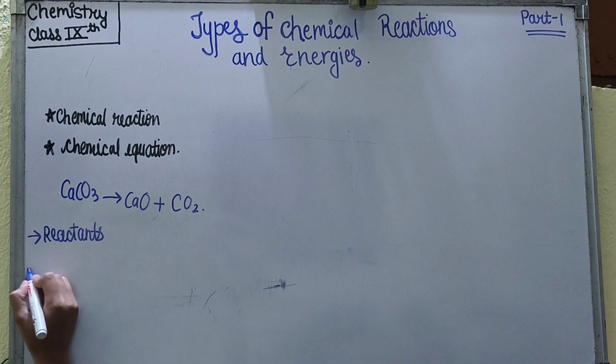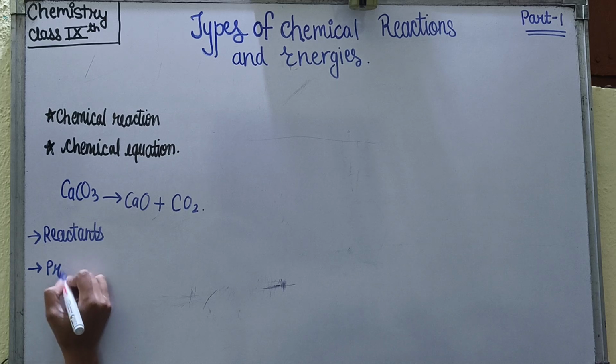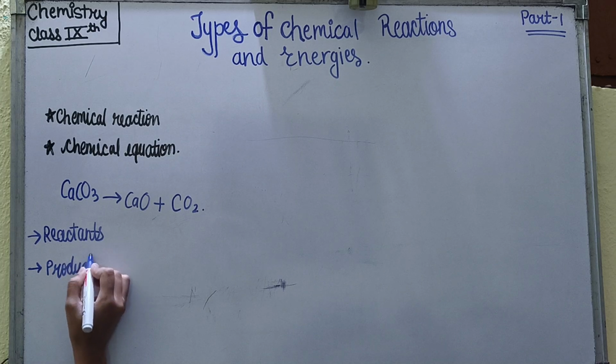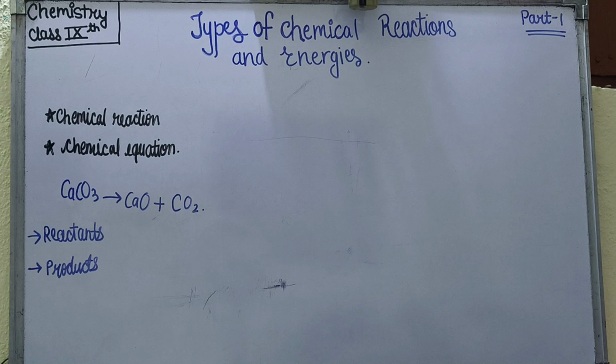Whereas the products are the substances which are newly formed in the reaction. Second point, the products are connected internally by plus sign. The reactants and products are separated by an arrow. This is that arrow.